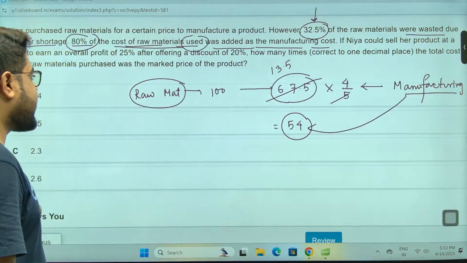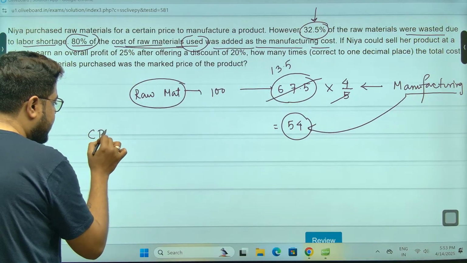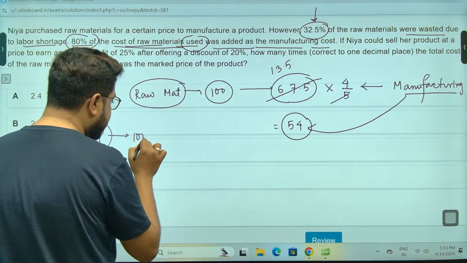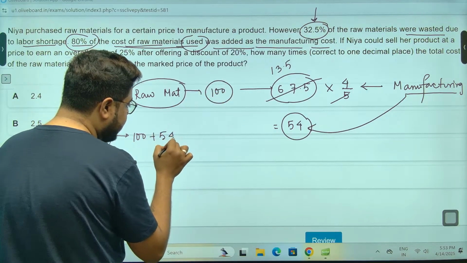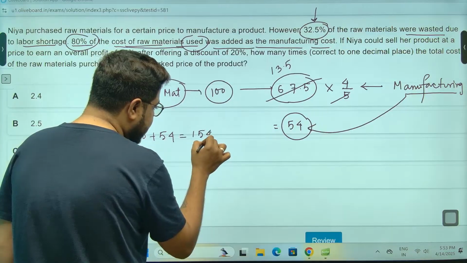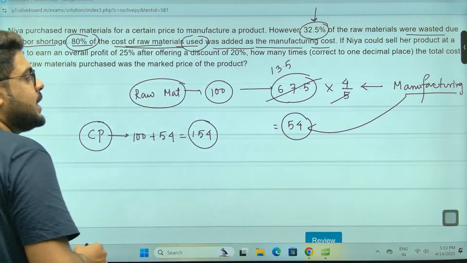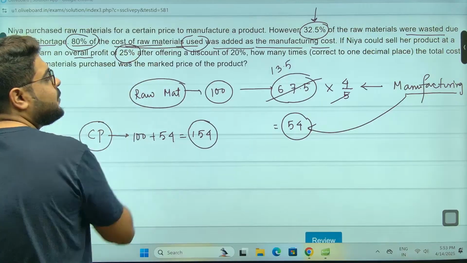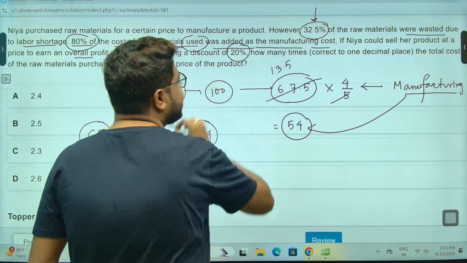So actual CP then is how much, sir? CP became 100 rupees plus the manufacturing cost of 54 rupees. So this is Nia's CP. Now Nia is selling her product at an overall profit of 25% after offering a discount of this.